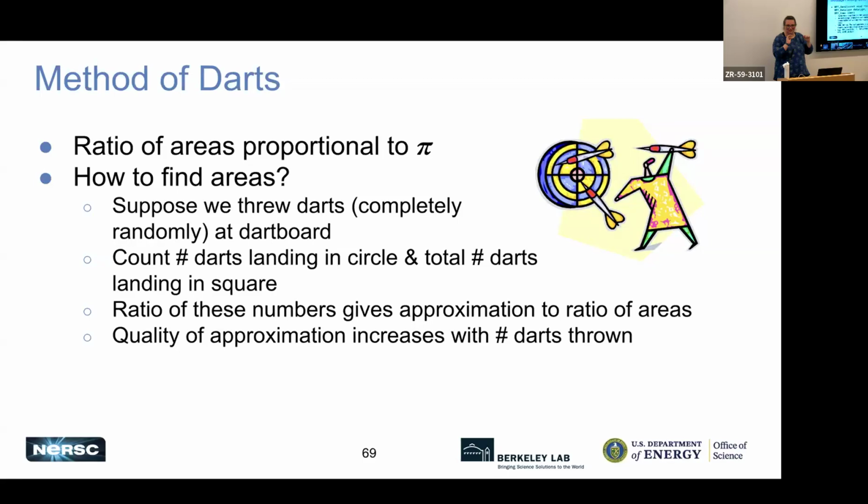And the ratio of those numbers would give us an approximation to the ratio of the areas. And the quality of our approximation increases with the number of darts thrown. But keep in mind that we actually have to throw 100 times more darts in order to get an additional significant figure. So this is a really bad method to compute pi. Okay, but it's easy to understand, so that's why we're working with it.